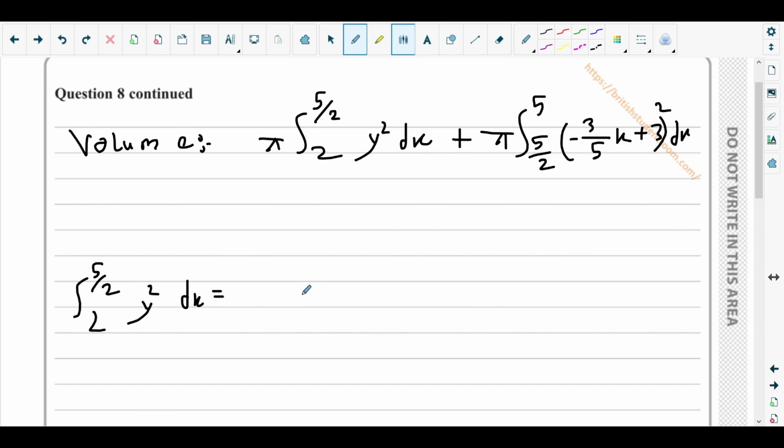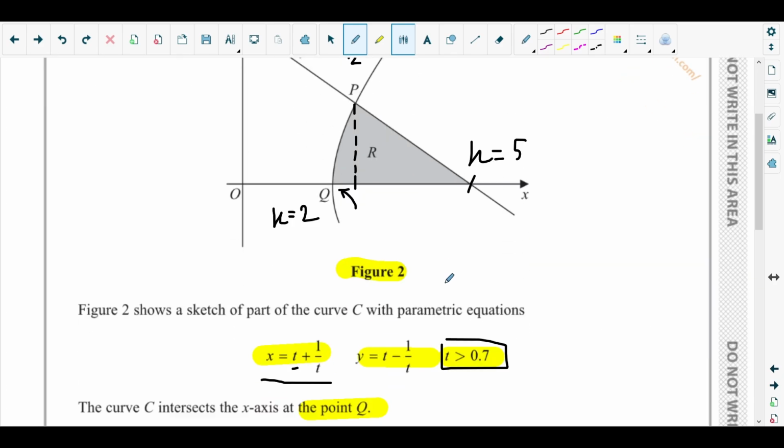We will make all the y and dx in terms of t. So for y squared, we know the parameter for y, that is 1 plus 1 over t, right? 1 over t whole squared, and in place of dx, let me check the y parameter. It's t minus 1 over t.